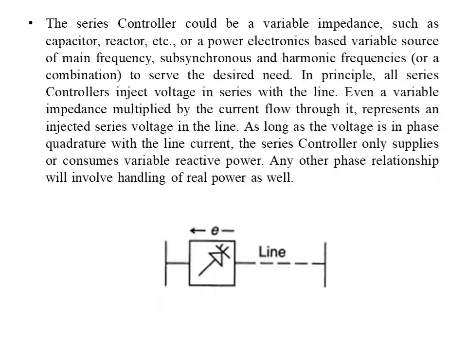So the series controller serves two possible applications, that is controlling of reactive power and controlling of active power. When voltage and current are in quadrature, it controls the reactive power. When voltage and current are out of phase quadrature, it can also control the active power.